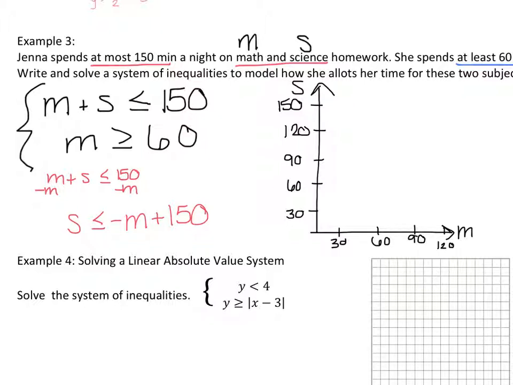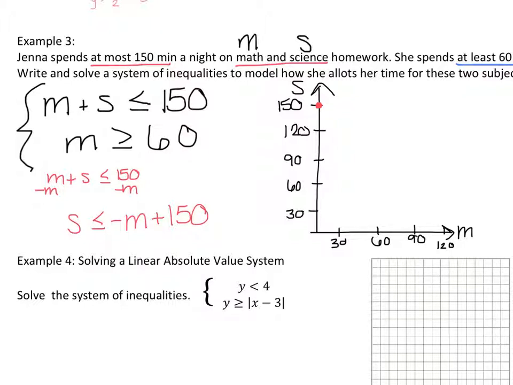Let's start with the equation with both variables. S is less than or equal to negative m plus 150. So my y-intercept is 150. My s-intercept is 150. What's the slope? Negative 1 over 1. Well, we went by 30, so is negative 1 over 1 equivalent to negative 30 over 30?